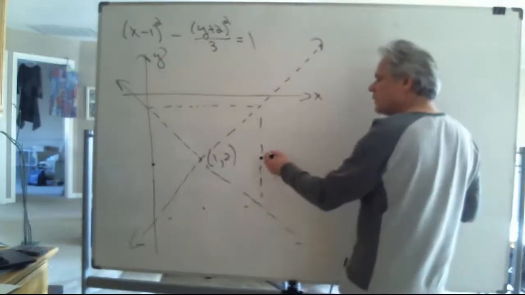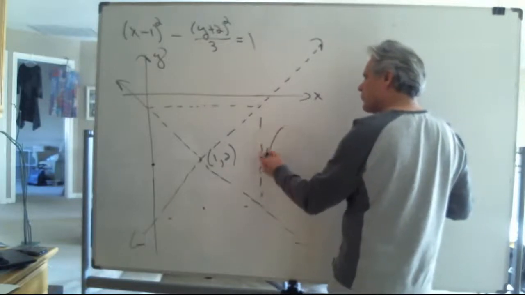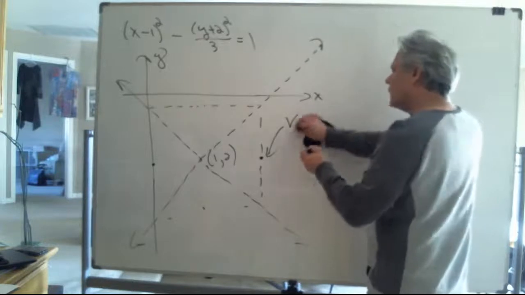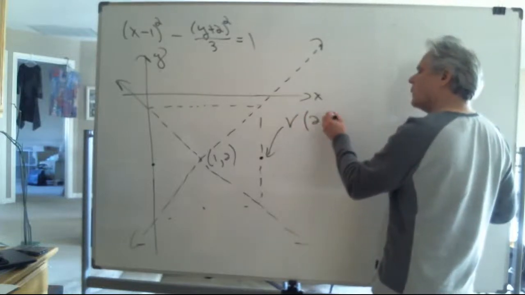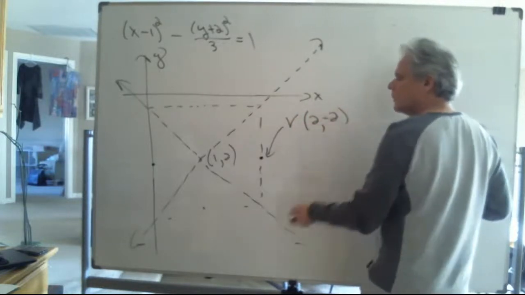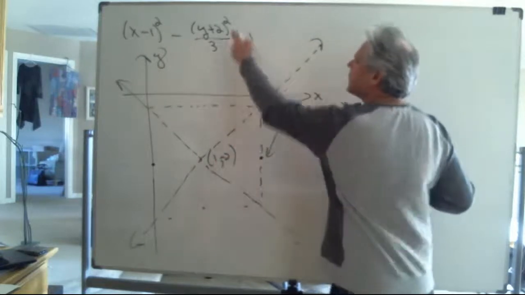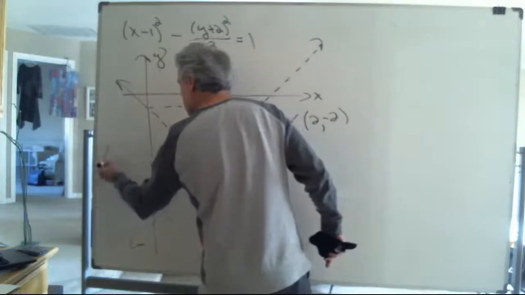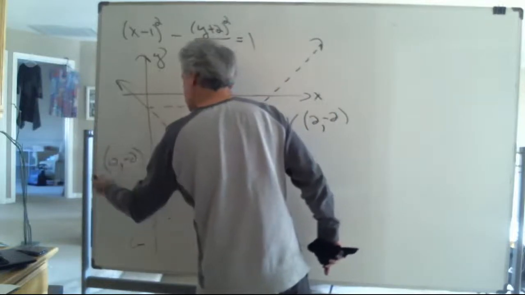And clearly this vertex right here is located at, is that going to be here? Gosh, that's negative, isn't it? Yes, it is. My other vertex is located 1 unit to the left of that. There's my other vertex.